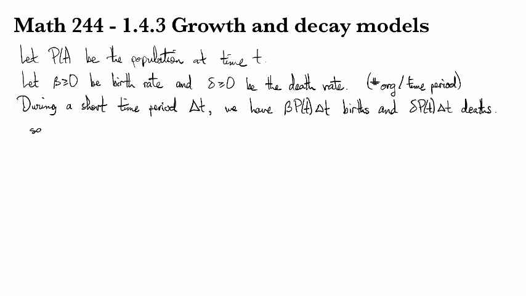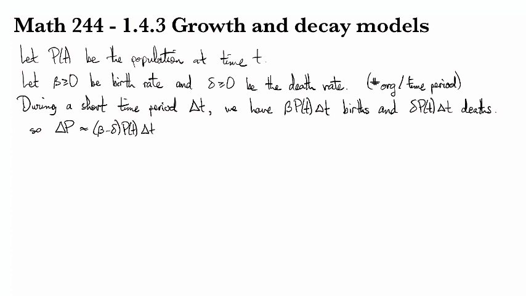If we look at the amount that the population has changed in that time interval, this is approximately equal to beta minus delta, the newly appearing ones minus the ones that are disappearing, times P(t) delta t.